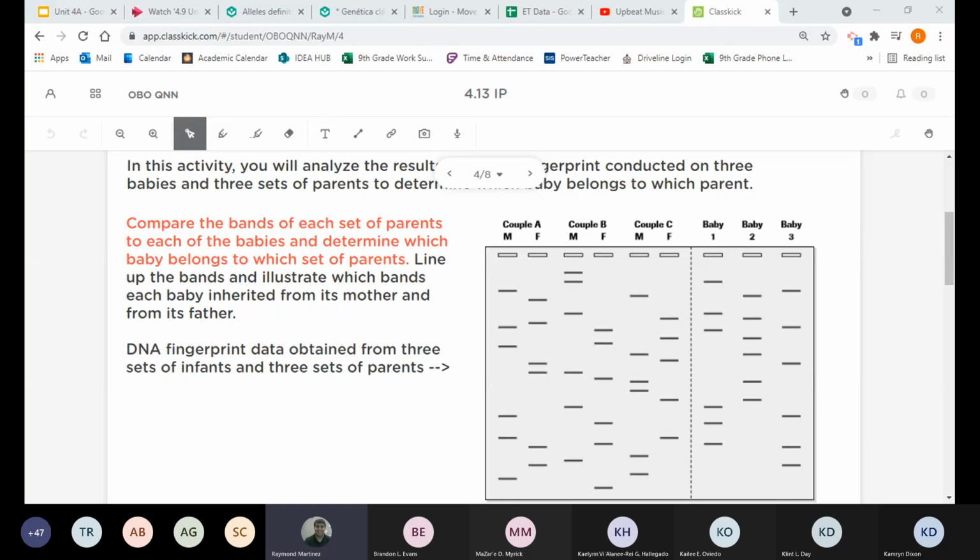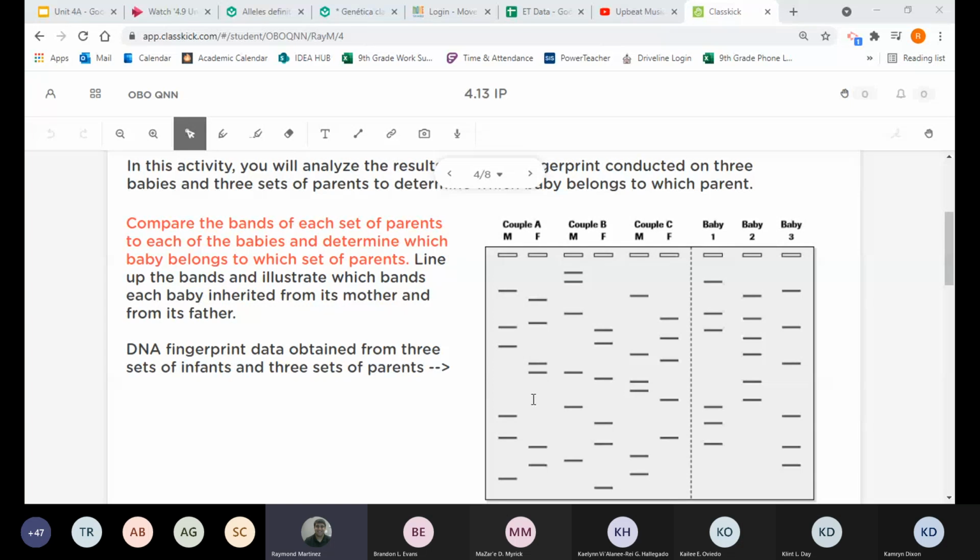That's true, the DNA, but more specifically. Ooh, I stumped you. Oh, very good, very good. By comparing the DNA patterns from the babies to the parents, right?